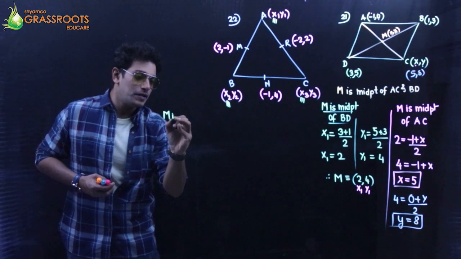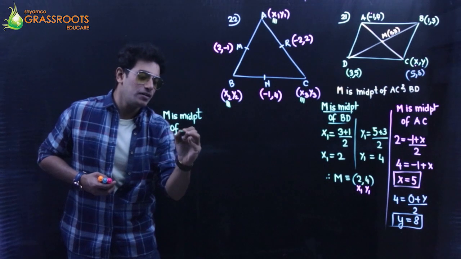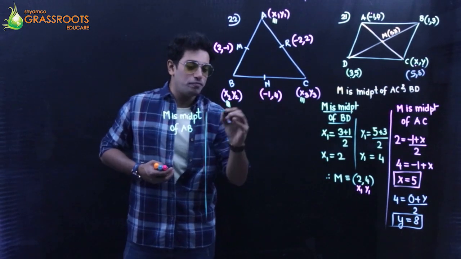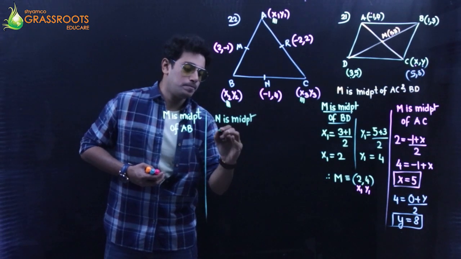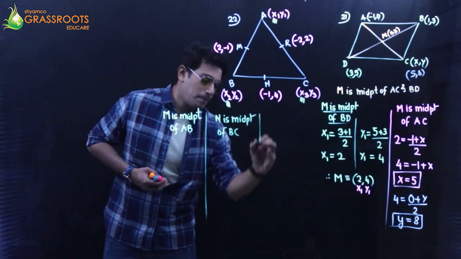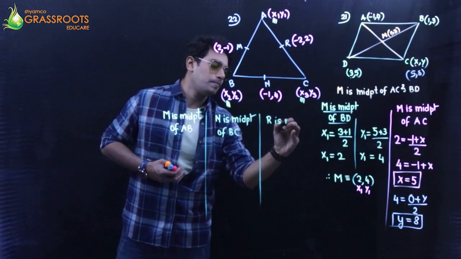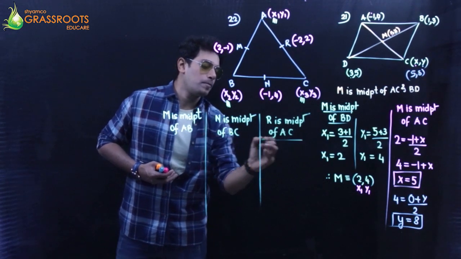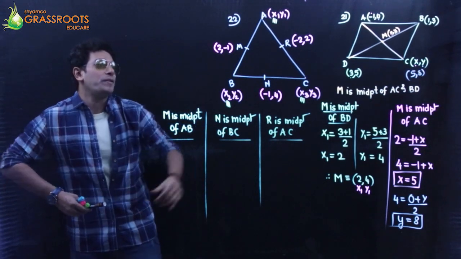M is the midpoint of AB. N is the midpoint of BC. And R is the midpoint of AC. Fine with this?